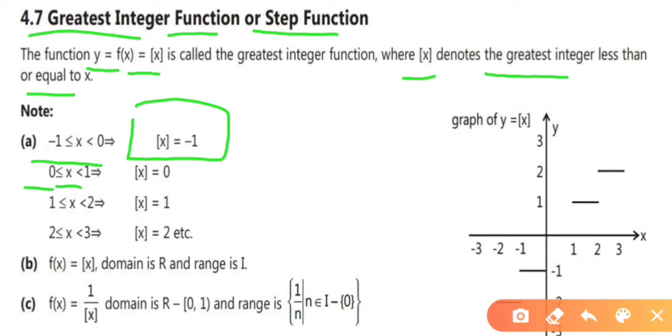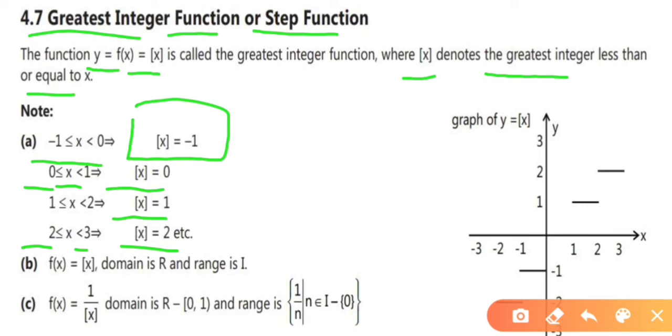That also we can write in greatest integer form, that is [x] denotes the greatest integer less than or equal to 0. Similarly, when x lies between 1 and 2, with x equal to 1, the greatest integer function is again 1 only. And x greater than or equal to 2 and less than 3, the greatest integer function is again 2.